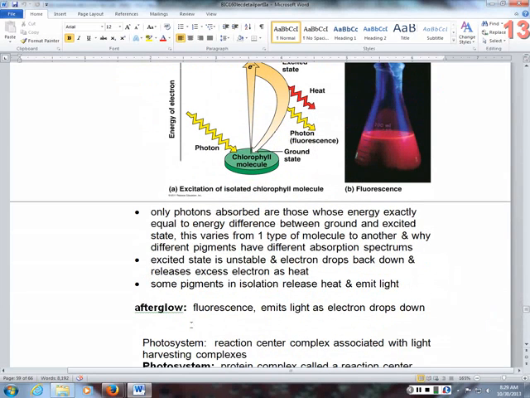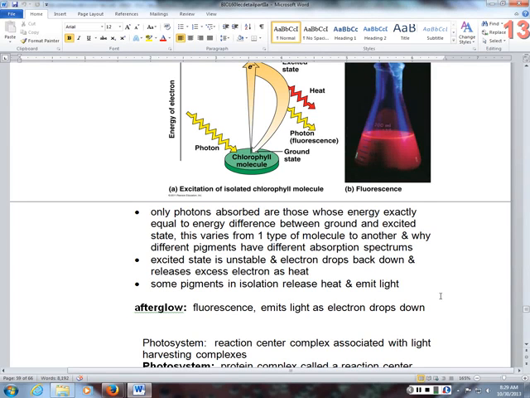So also, when you have a photon absorbed, it's only going to absorb the energy that is an exact match to it. So if you have a pigment here that absorbs 680 nanometers of light, and you give it anything other than 680, it will not absorb it. It only absorbs the one that is the exact match.